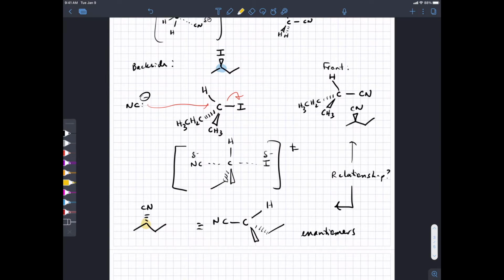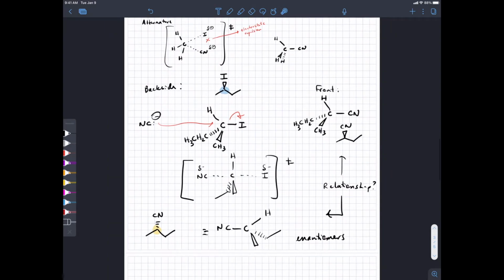Now that may or may not be the same as switching from R to S. It depends on the priority of the group that left versus the priority of the group that comes in. But the relative stereochemistry changes. I minus used to be coming out toward us when we drew the molecule this way. CN minus is going back into the page away from us when we draw the molecule this way.